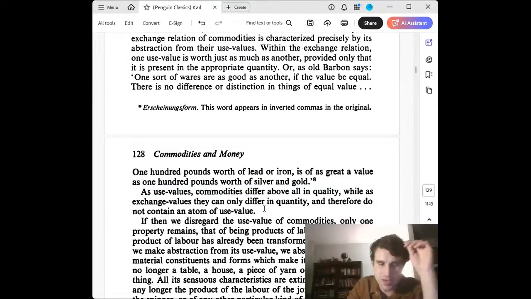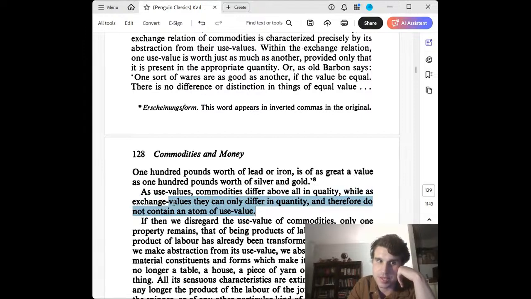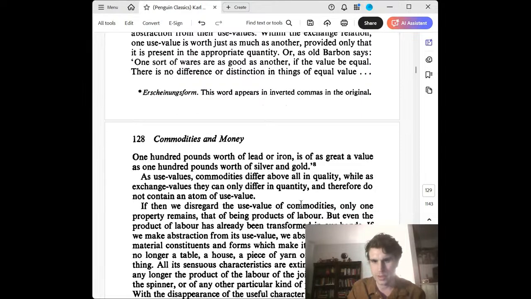While as exchange values, they can differ only in quantity, and therefore do not contain an atom of use value, right? So things can only be more or less valuable than each other. There's not a qualitative difference in how much something's worth, right? This can't be $100 and then a qualitatively more money. It's only more money as a number, right?